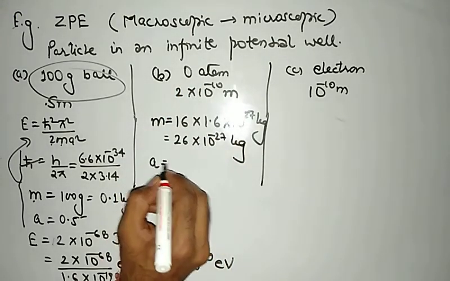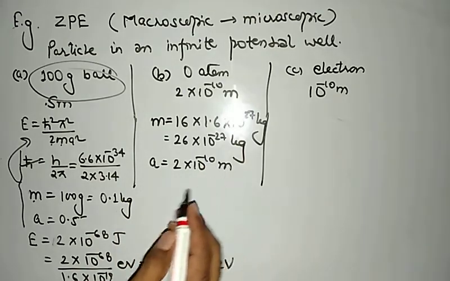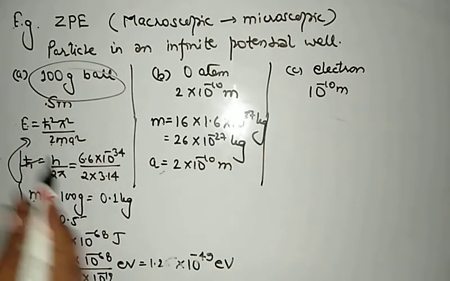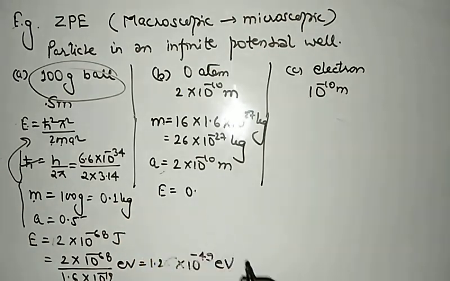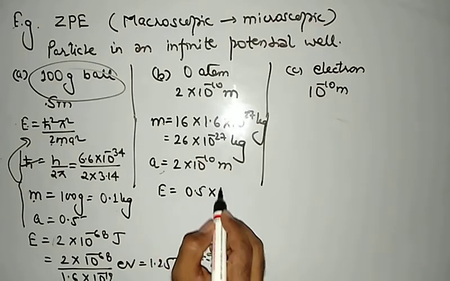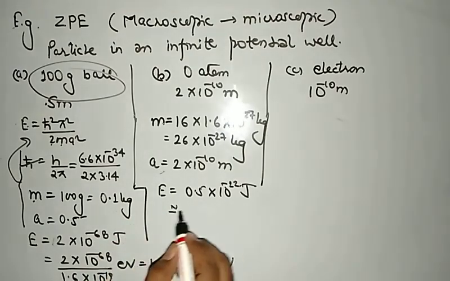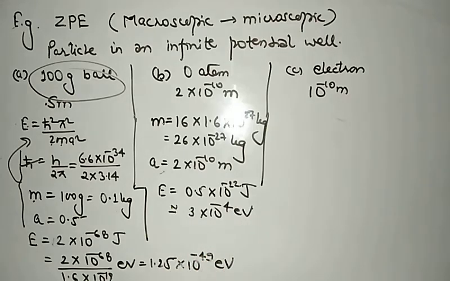What will be a? a is 2 into 10 power minus 10 meter. So using h cut, this m and this a in this formula, we get E equal to 0.5 into 10 power minus 22 joule, and in electron volt we get 3 into 10 power minus 4 electron volt. The difference is from the order of minus 49 to the order of minus 4.